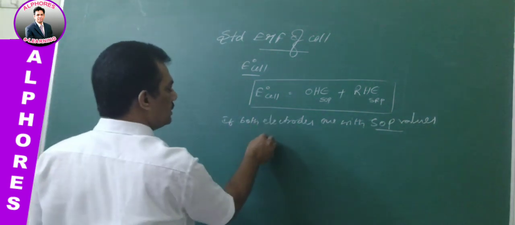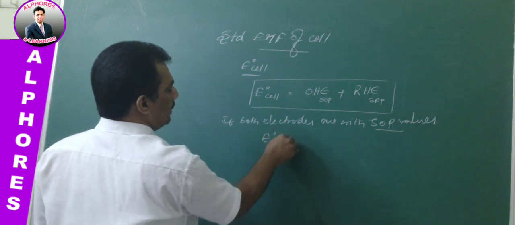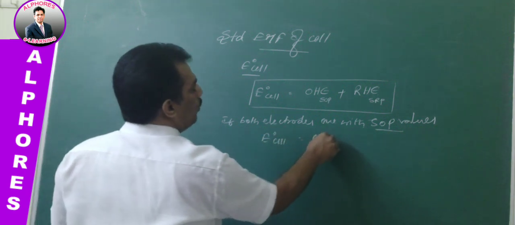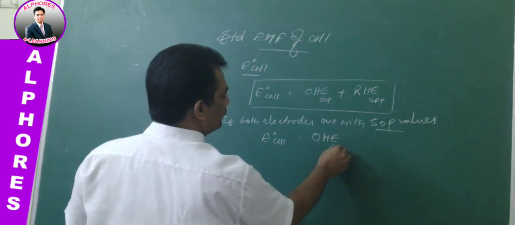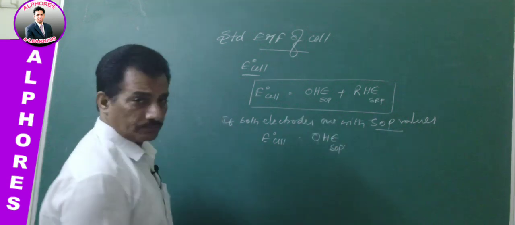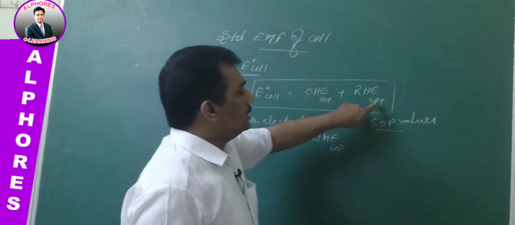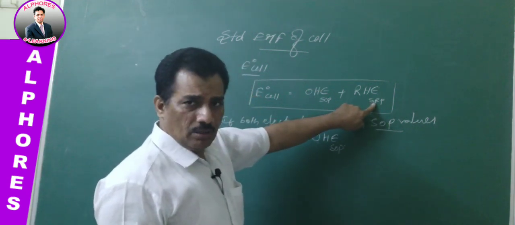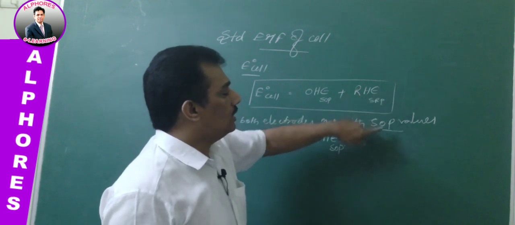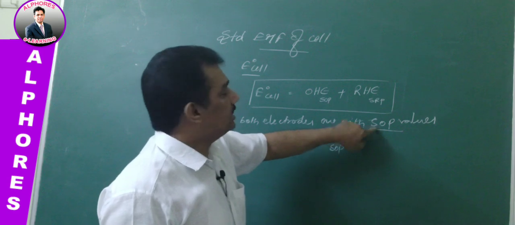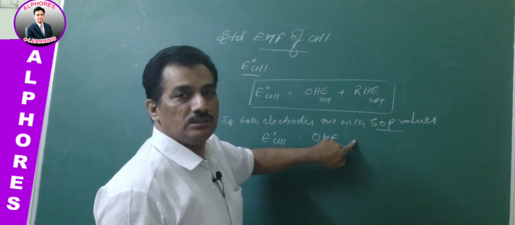You can consider this: E naught cell is equal to OHE SOP, which is given, plus the reduction half electrode SOP. We know the SRP, but the SOP value is needed, and when the SRP is known, how can we get the SOP? Just take the opposite sign, is it not?